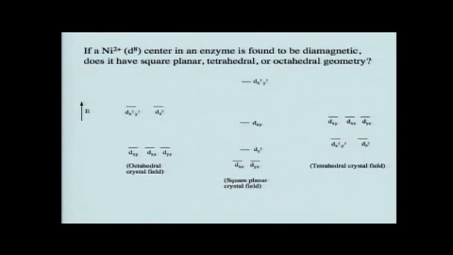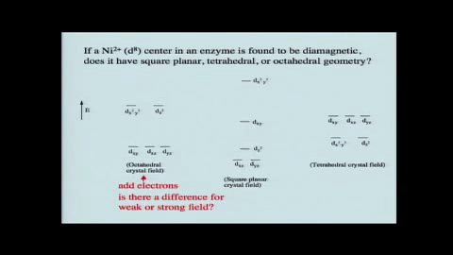We can predict the geometry based on that information. Let's think about how that's true. We have a D8 system. Think about octahedral for a minute. Are there two options for how this might look in this case? Is there going to be a difference in electron configurations if it's a weak field or a strong field?